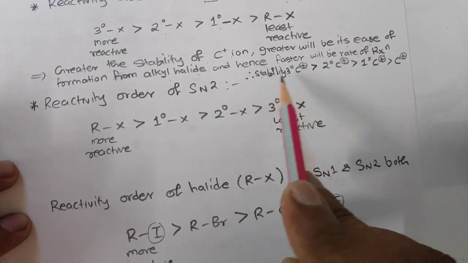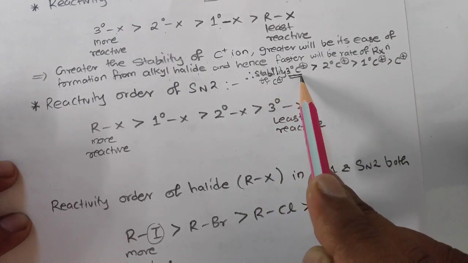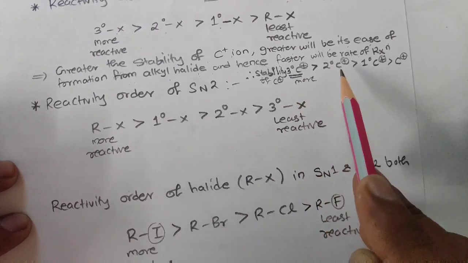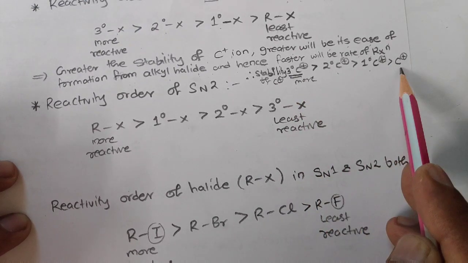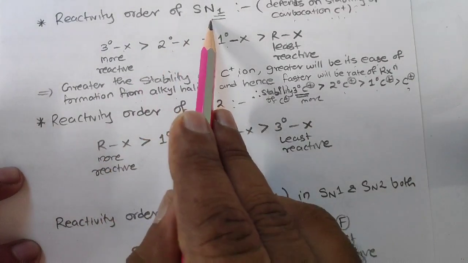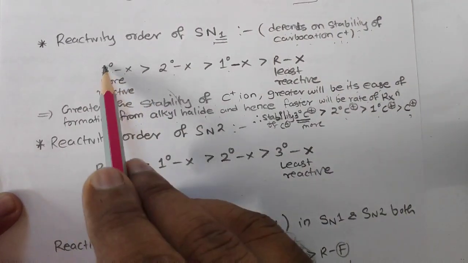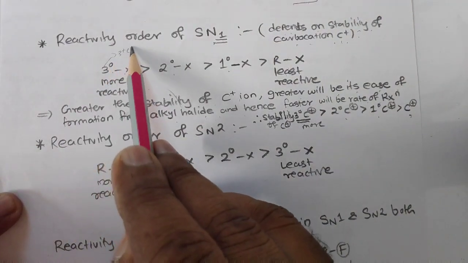If you look at the stability of the carbocation, tertiary is more stable, then secondary, then primary, and then the methyl carbocation. So in SN1, tertiary is more reactive because of the formation of the tertiary carbocation first.